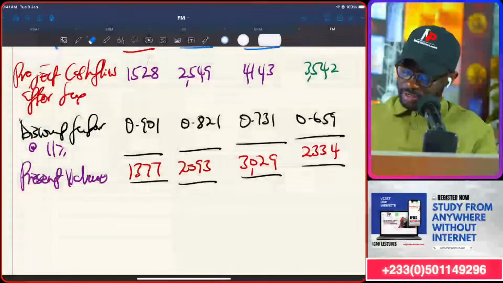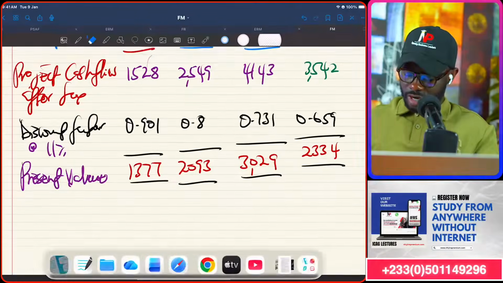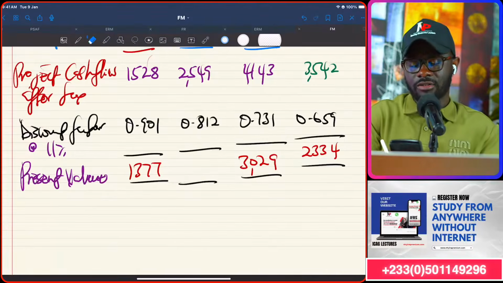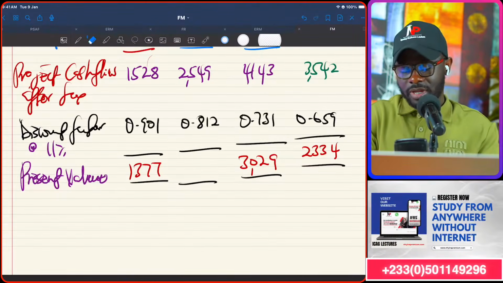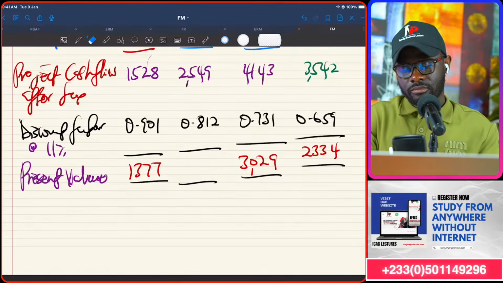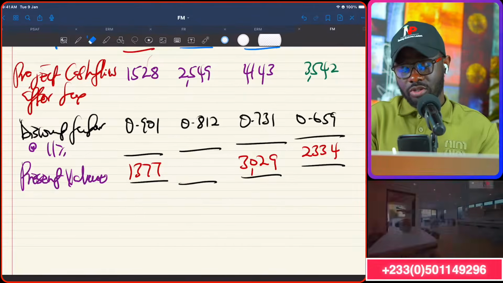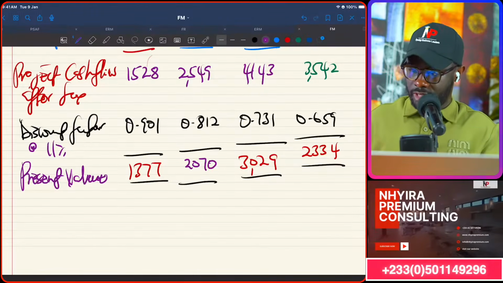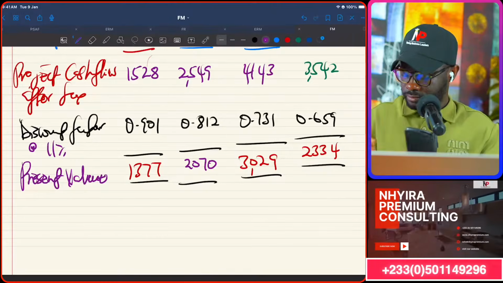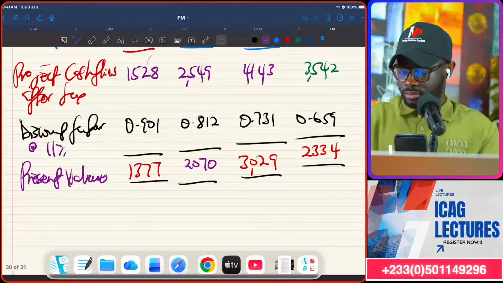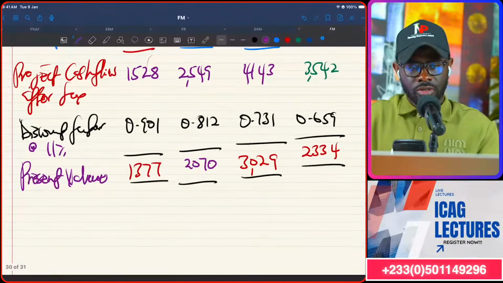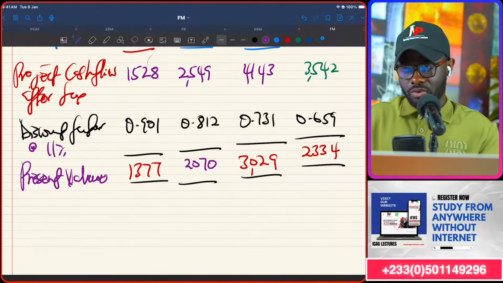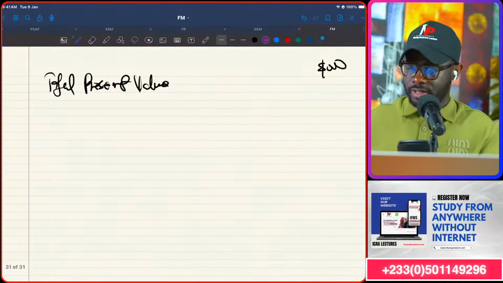This is 0.812 rather, not 0.821. Be careful, because if you miss the discount factors, you're going to have a problem. Because arithmetically, if you are wrong, you are wrong. Okay, 0.812. So that is 2070. So let's go: 1377 plus 2070 plus 3029 plus 2334, 8810.